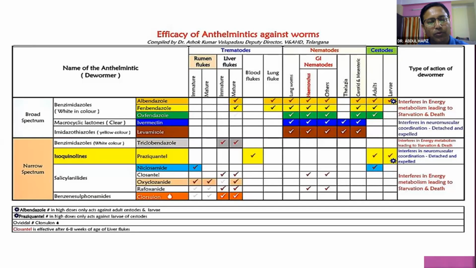So we have to know the proper anthelmintic for the proper disease. If we use niclosamide to control haemonchosis, it will not work. If I use albendazole to control liver fasciolosis, it will not work. So the drug of choice is the main thing, and the dose rate is also very important.